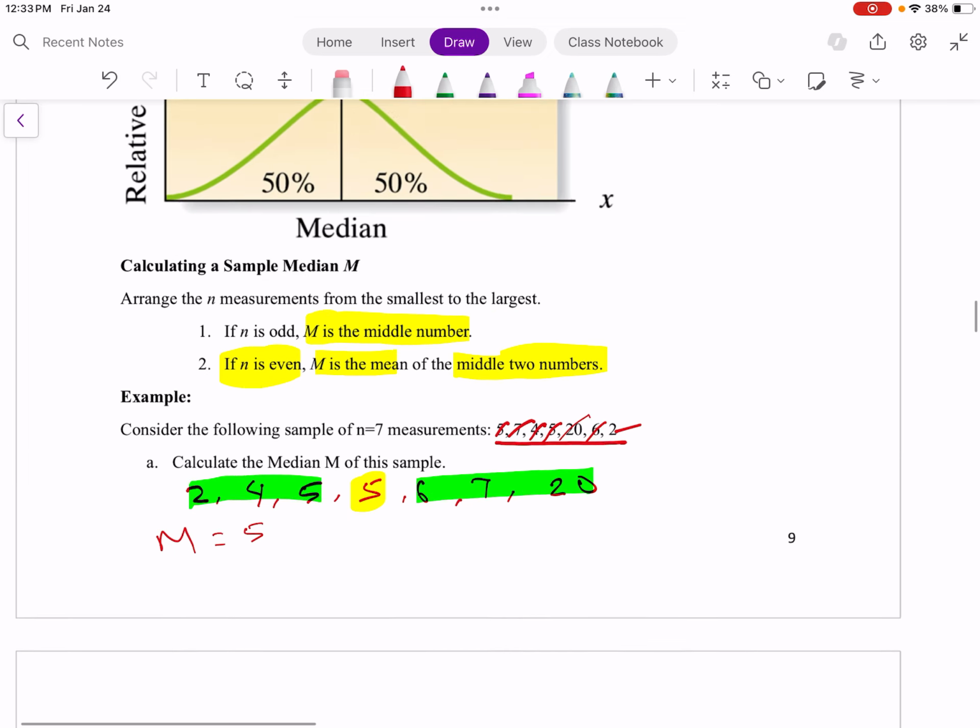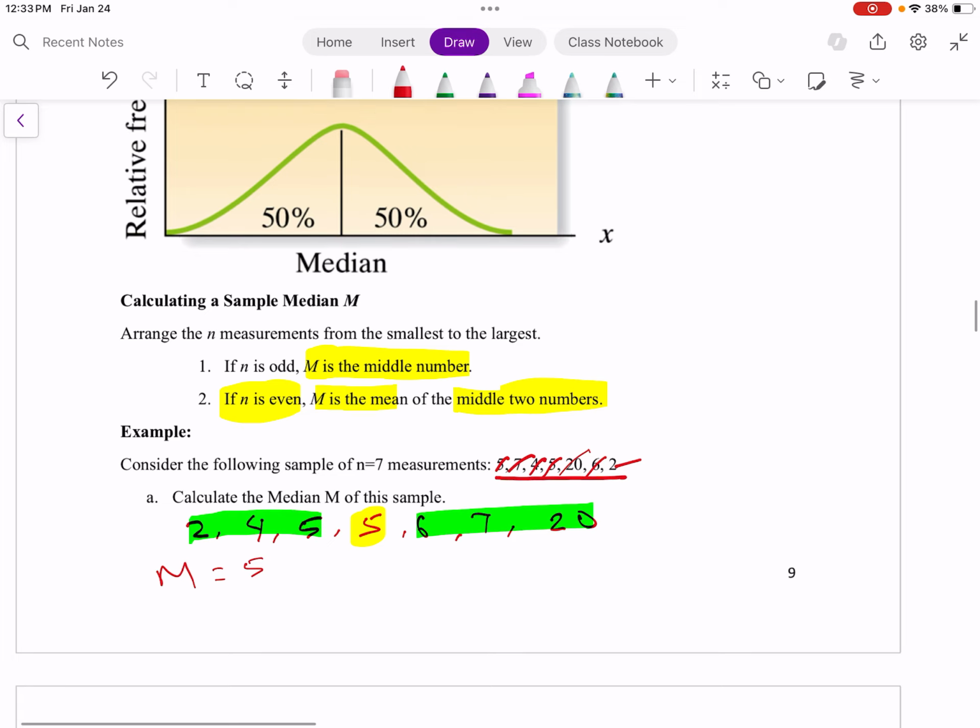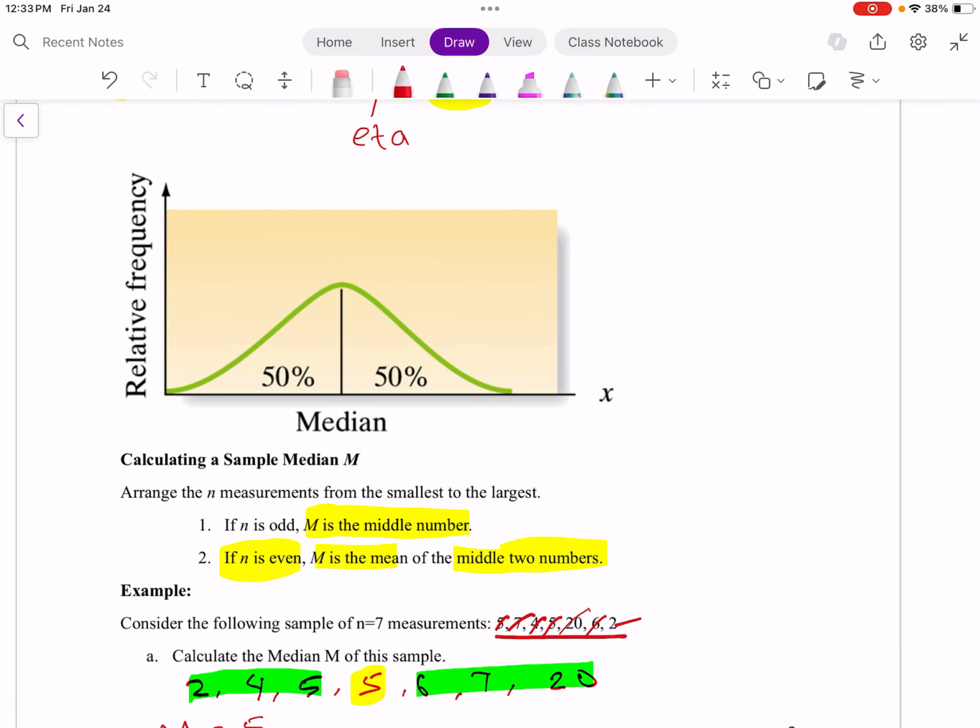Now here we have this frequency histogram. On the horizontal axis it is mean, and the vertical axis is frequency. This diagram tells us what the median does to the data set.